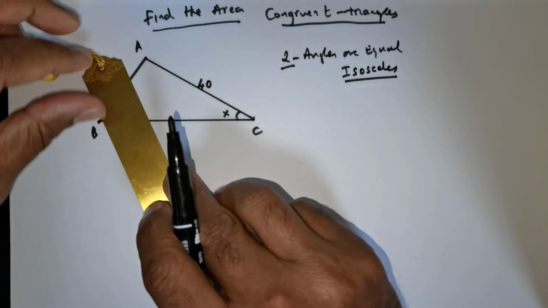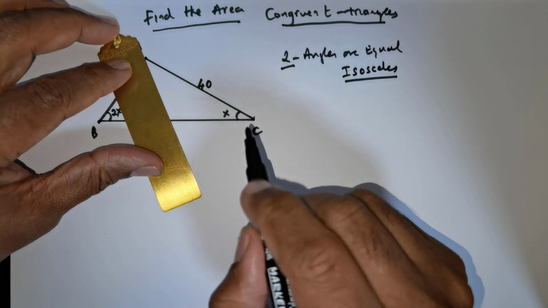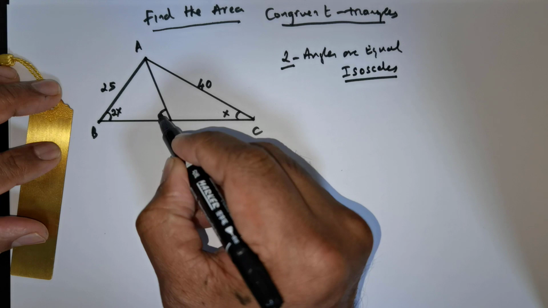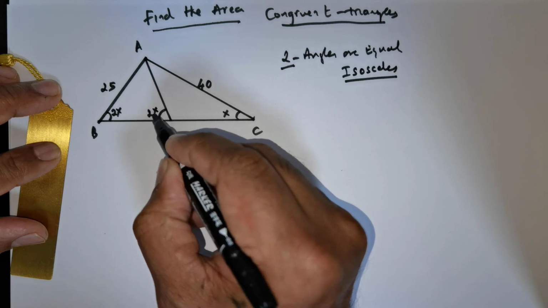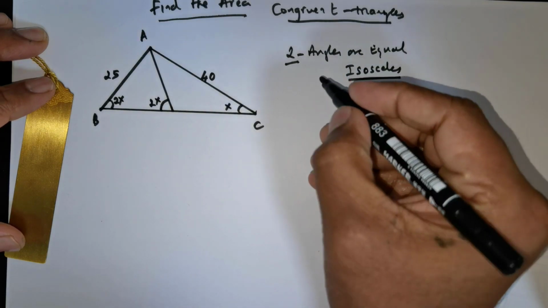So what I wish to do is create the isosceles triangle. This is going to be 2x. Let me give you the statement of the theorem in this case.